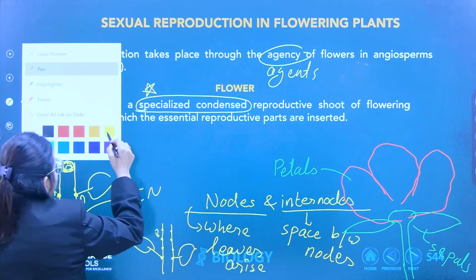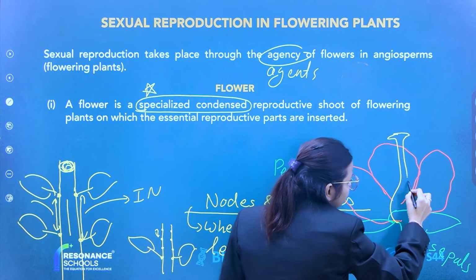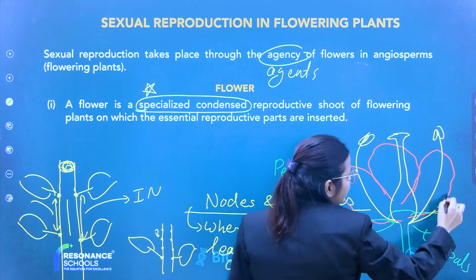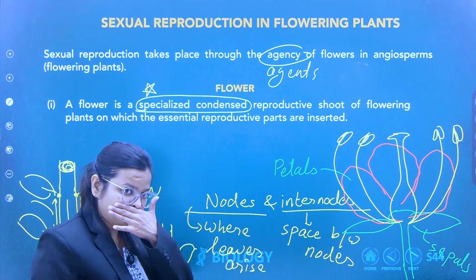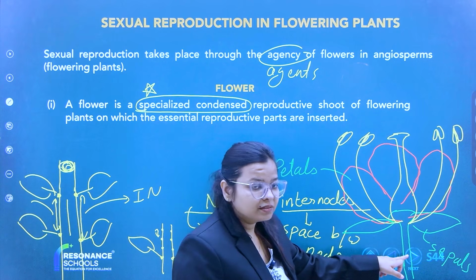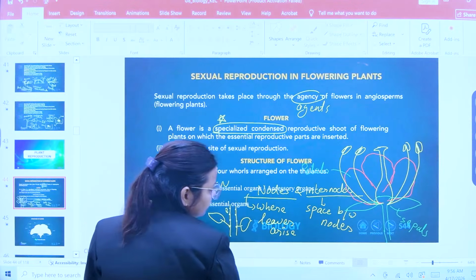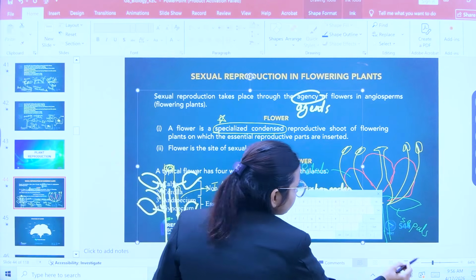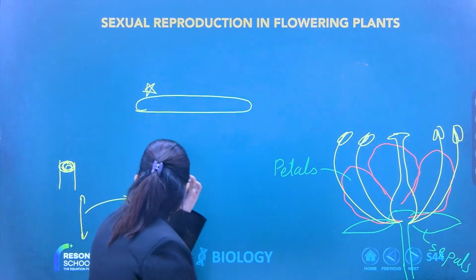I am drawing it with the yellow part. So tell me, the flower I am drawing here, is it unisexual or bisexual? This is the stalk of the flower. It is called the pedicel.